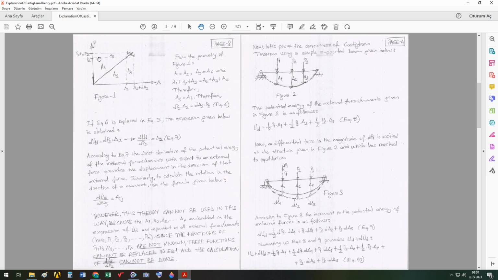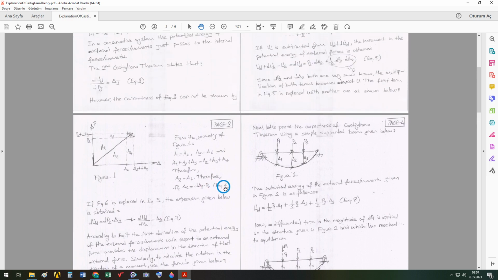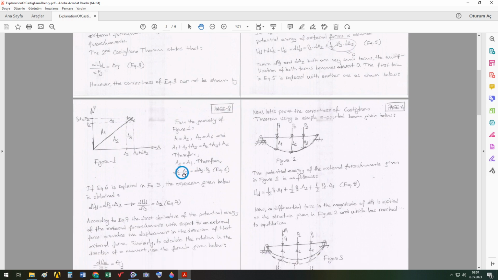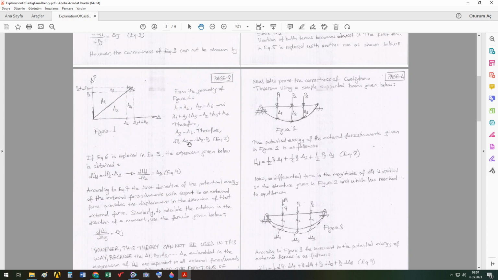The length here is delta 2. A4 equals d delta 2, this length, times P2. Now you see here, I had P2 times d delta 2. So I can replace this term with this term, dP2 times delta 2.